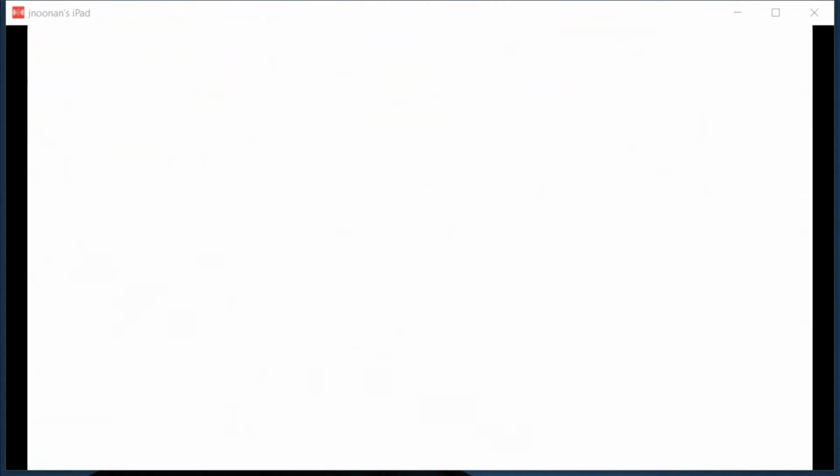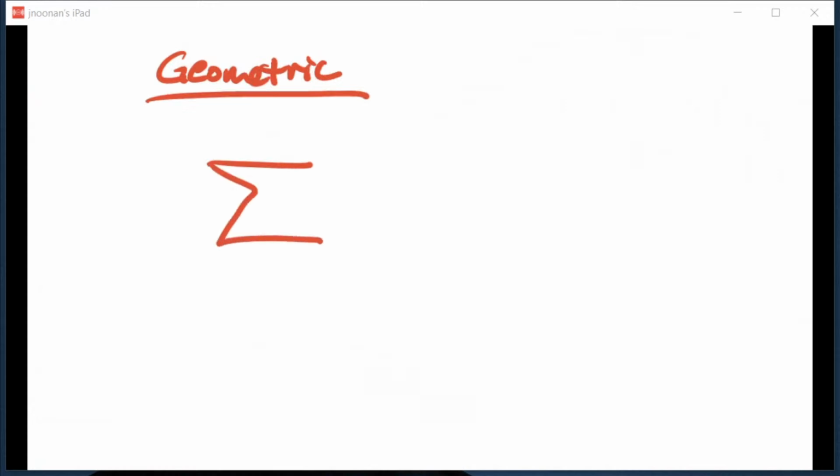So reminders about the series that converge. These are the ones that you should have stuck in your brain. So we have the geometric series. This is the series where, let's see, n equals 0 to infinity of a times r to the n.